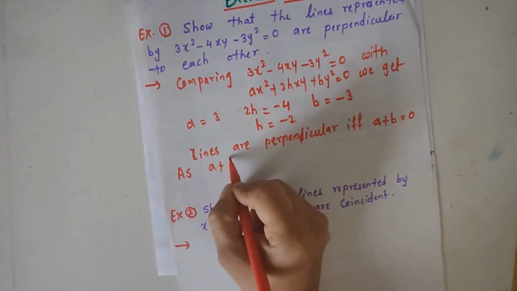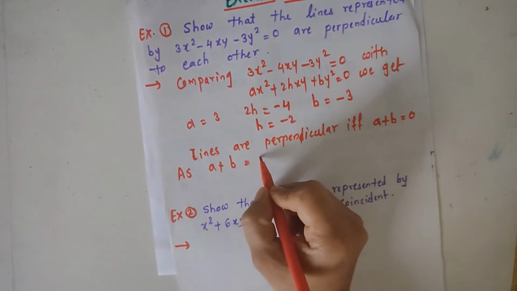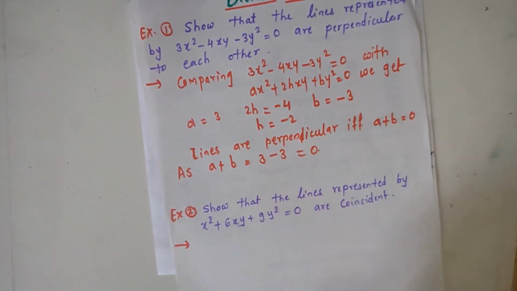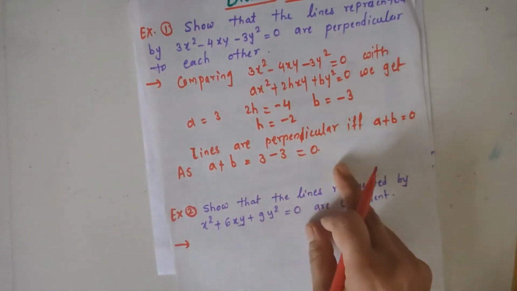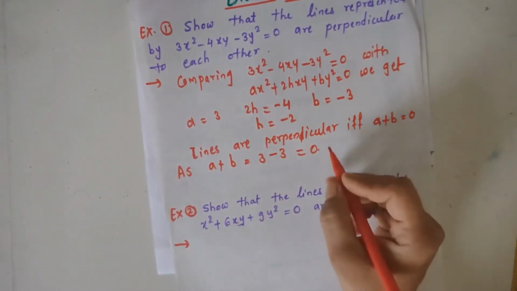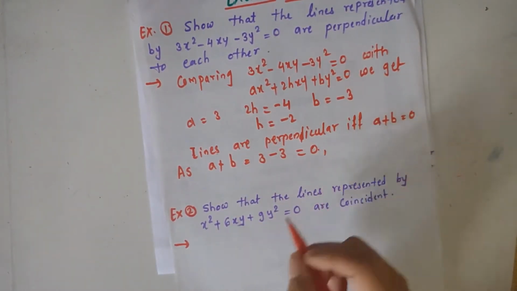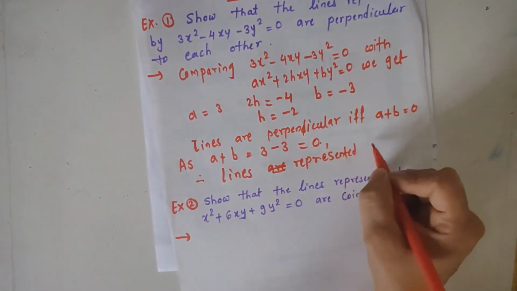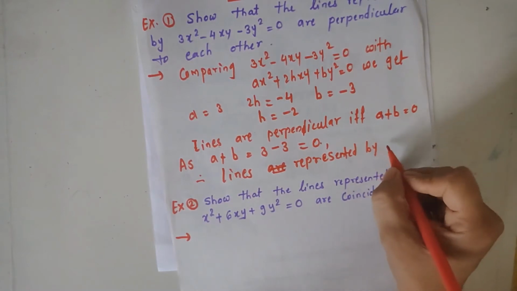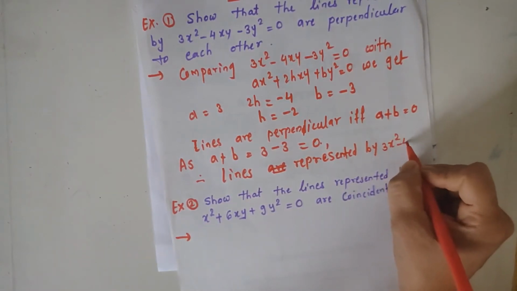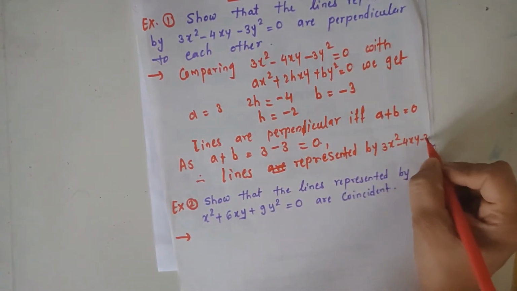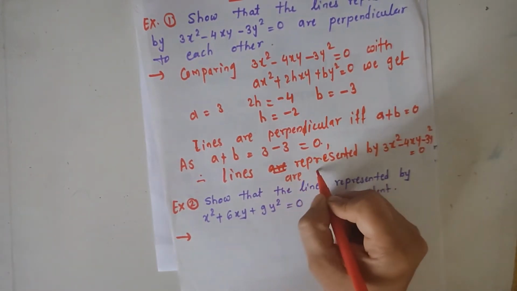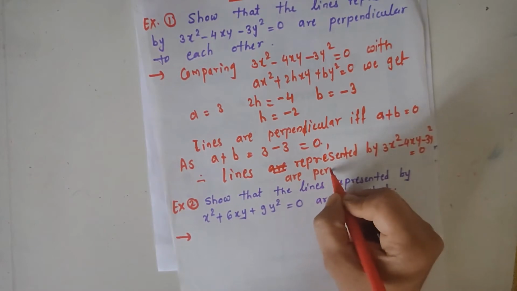Here a plus b is equal to 3 minus 3, which is equal to 0. So as a plus b is equal to 0, the lines are perpendicular. Therefore, the lines represented by the given equation 3x square minus 4xy minus 3y square is equal to 0 are perpendicular to each other.